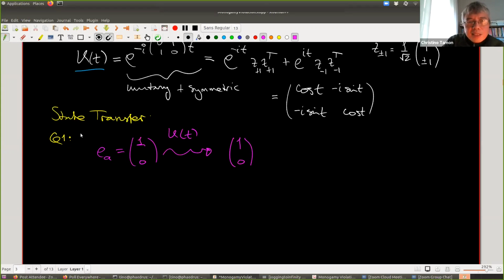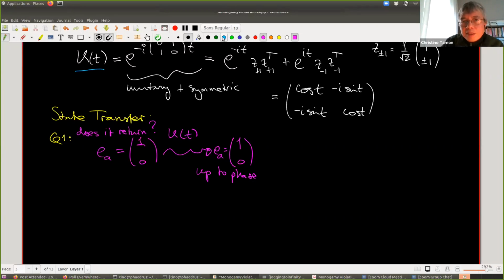So the question here is, does it return? Is there a time so that this unit vector comes back to itself up to some phase? Because it's unitary, it might introduce a phase, which we will typically ignore.